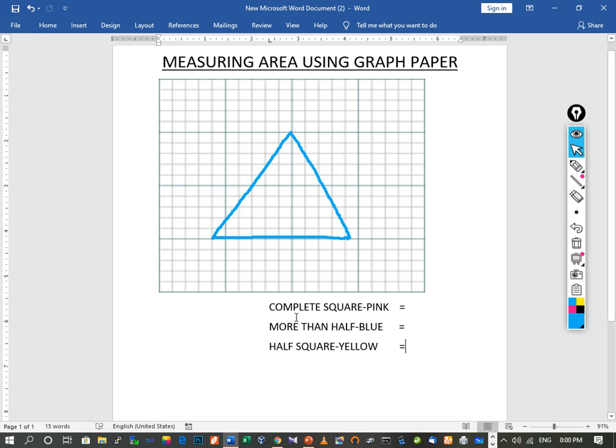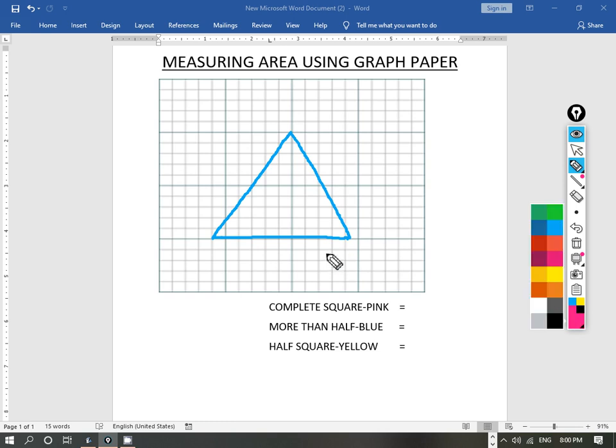So first we'll find out the complete squares and we will mark them with pink. I'm going to take this pink color and mark the complete squares. Here it doesn't matter whether you're putting any dot sign, tick sign, or cross. I'm putting a tick over here, a dot over here for all the squares which are completely covered.